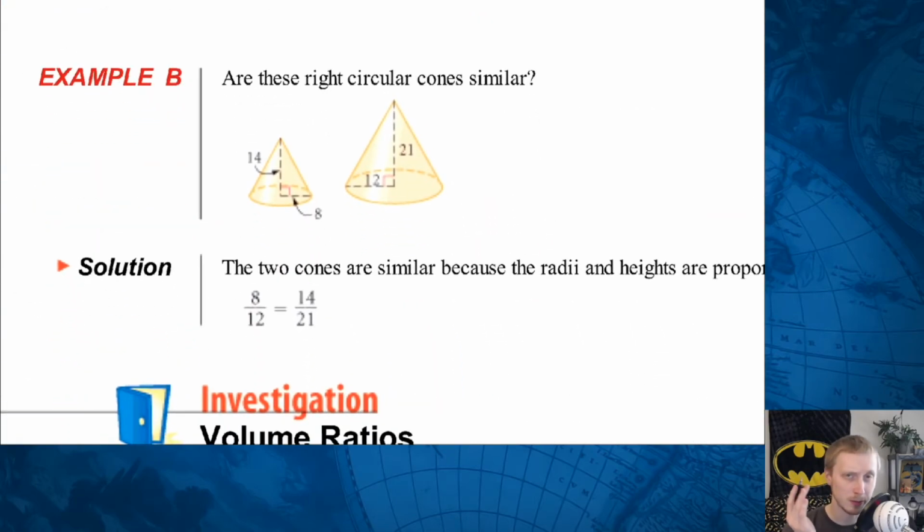What about dealing with cones? Here it's a little bit trickier when we add circles into the picture because this circle is itself a 2D object. It has dimensions in 2 different directions, even though they only give you 1. This radius drawn in here, this radius of 12, is also the same radius front to back there.